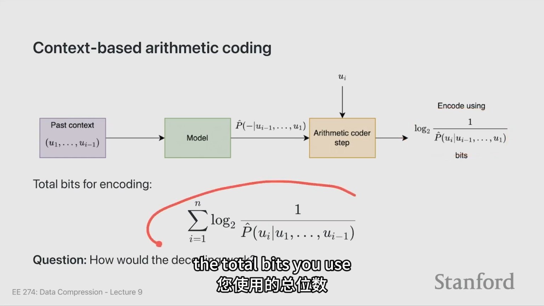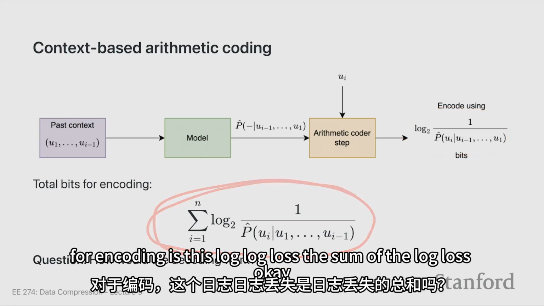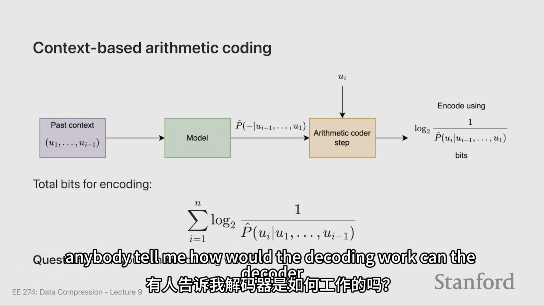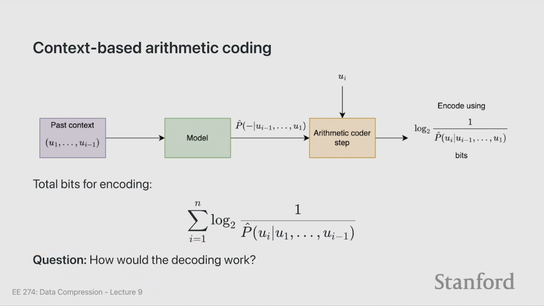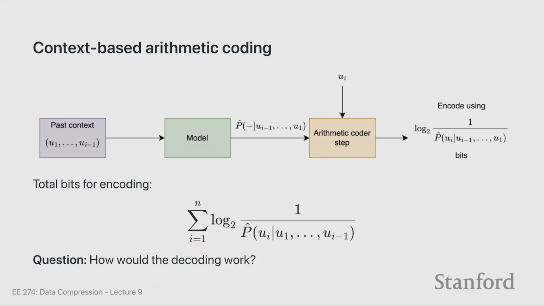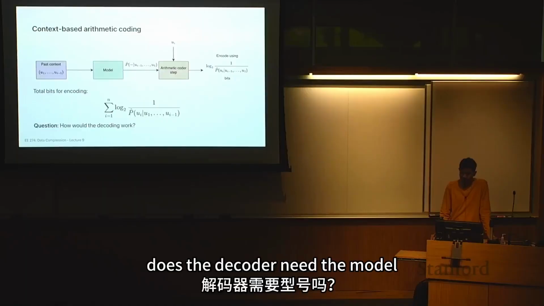And therefore, the total bits you use for encoding is this log loss, the sum of the log loss. Okay, anybody tell me how would the decoding work? What would a decoder block diagram look like for this thing? Does the decoder need the model?